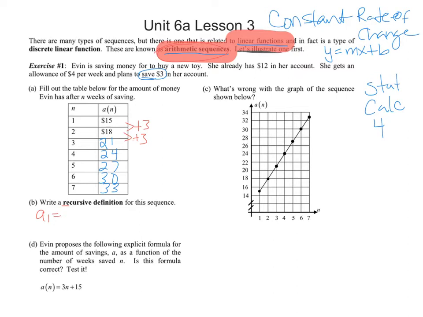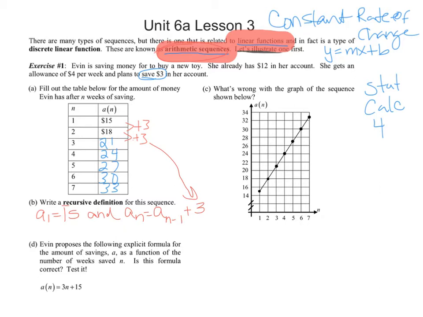I hope you can tell me now that A sub 1 equals 15. And A sub n equals, now this is where you write the recursive part, A sub n minus 1. Remember, that's the big part for the recursive, the n minus 1. You have to use the previous term, plus 3, because plus 3 is how much I'm increasing by, so that goes there.